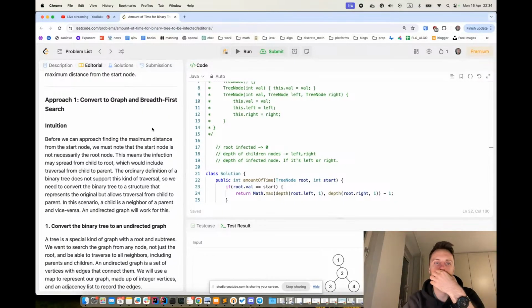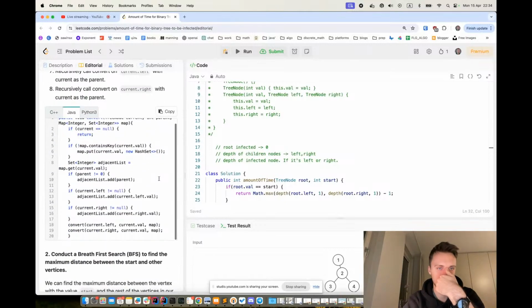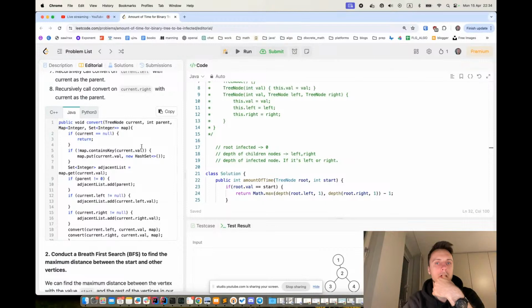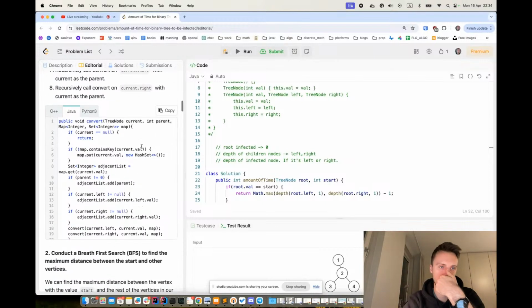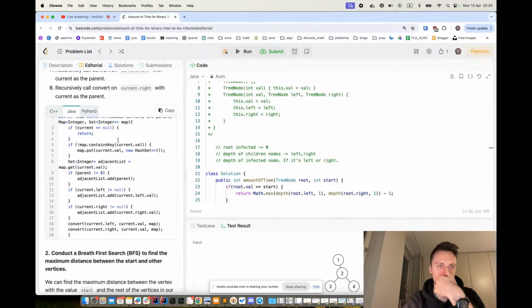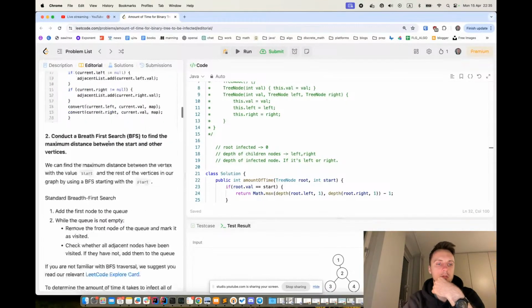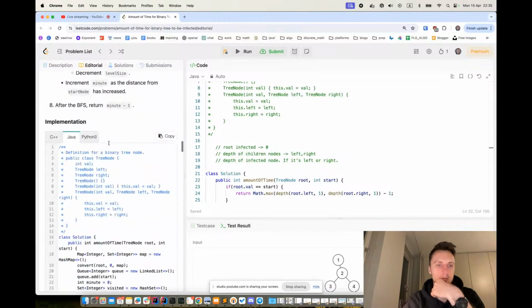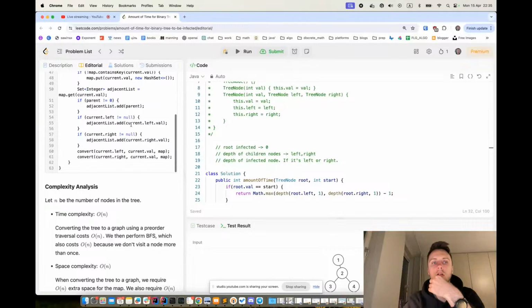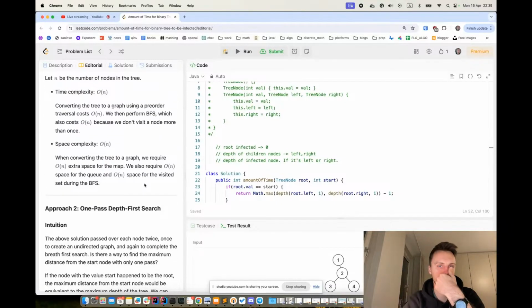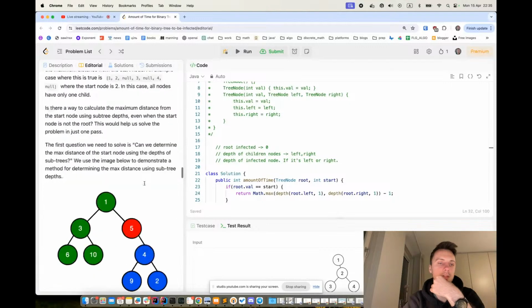Convert to graph and breadth first search approach. Okay, so we have a convert function, one pass DFS.